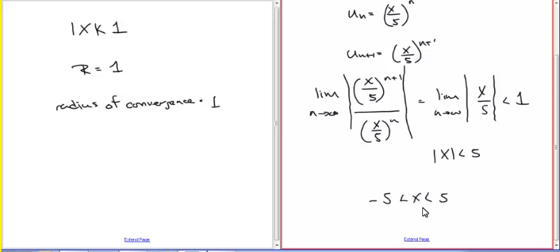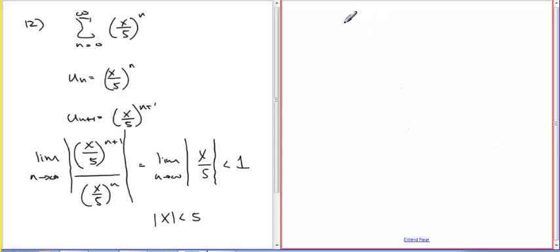So what you do is you go back to the original series and you put in 5 for x and -5 for x. So we got -5 over 5 to the n power, and that is -1 to the n. So that is a geometric series.